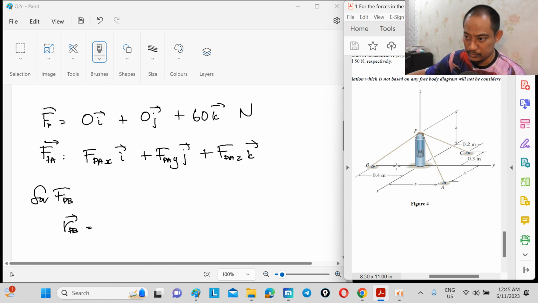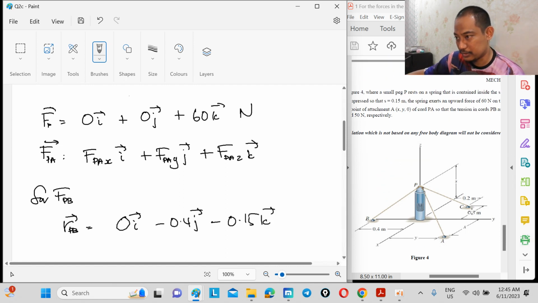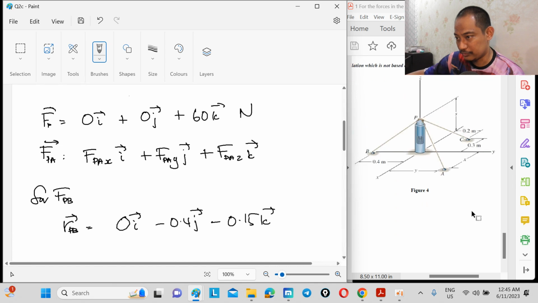So this is on the line. RPB is 0i minus 0.4j minus 0.15k. It's 0.15, right? The S is 0.15.